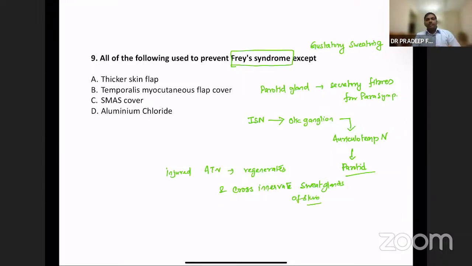Hence, whenever the patient starts eating, secretory fibers pass through the auriculotemporal nerve and stimulate the sweat glands, thereby causing sweating as well as erythema. Local erythema is due to the local vasodilatory effect of the sympathetic nervous system. So eating causes erythema as well as sweating.